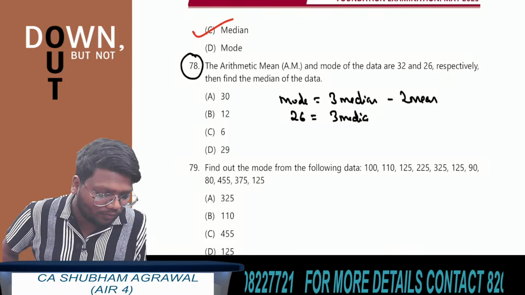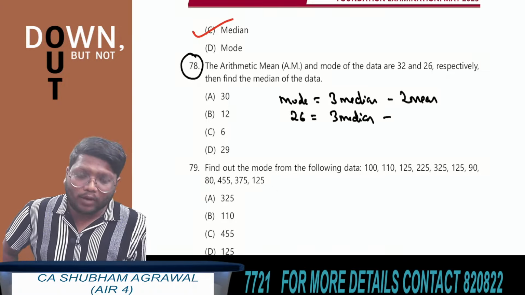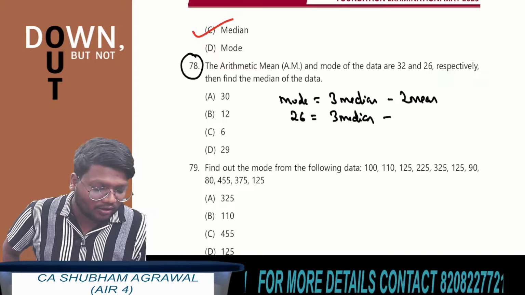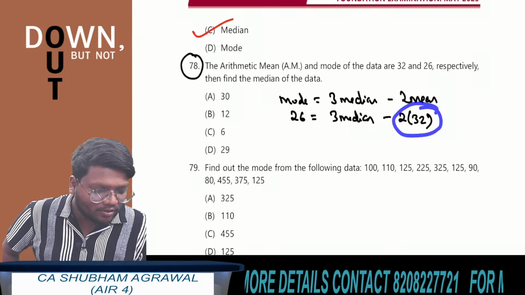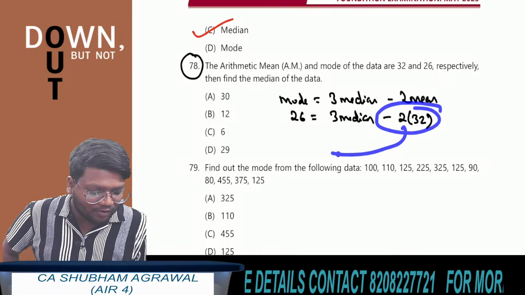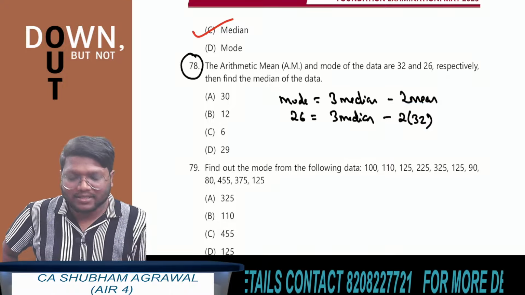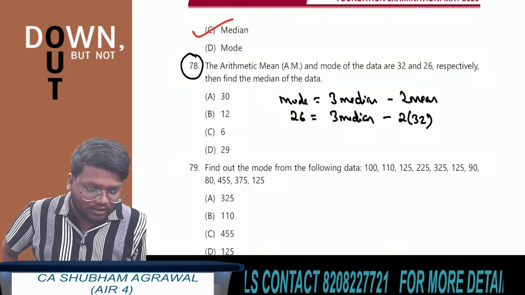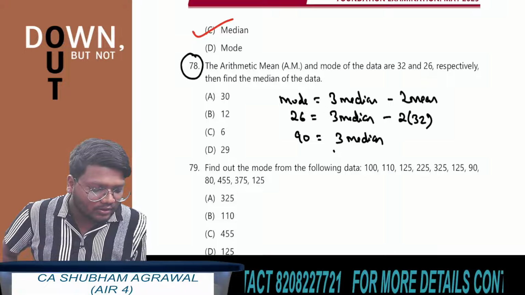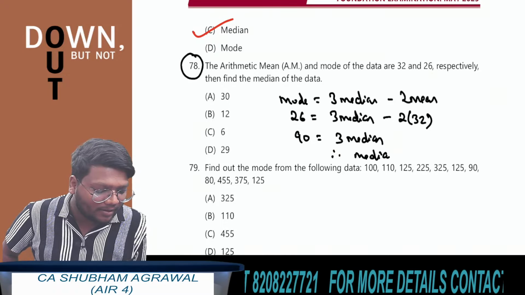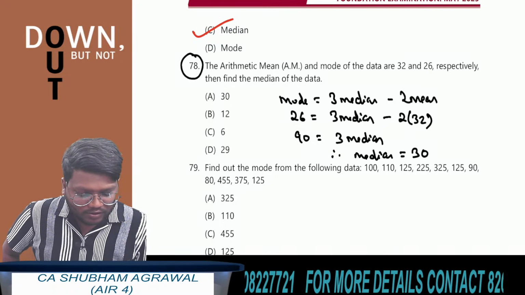Median we have to find out. Minus 2 times mean. Mean is also given in the question, 32. So 2 multiplied by 32 is 64. So minus 64 when shifted to the opposite side will become plus 64. So 26 plus 64 is 90. 90 is equal to 3 times median. Therefore median is equal to 90 divided by 3, which is 30. Which option is correct?